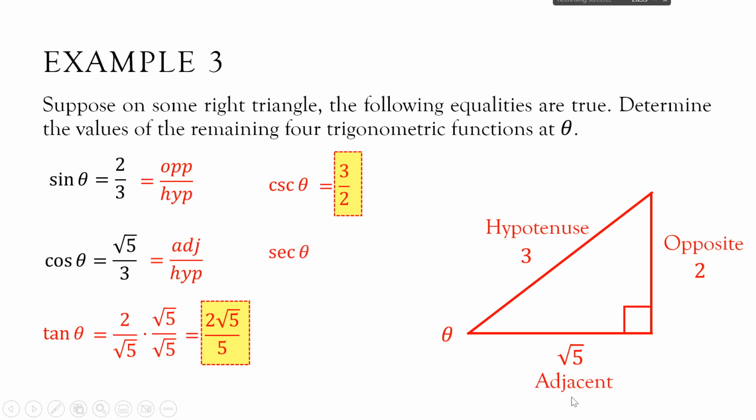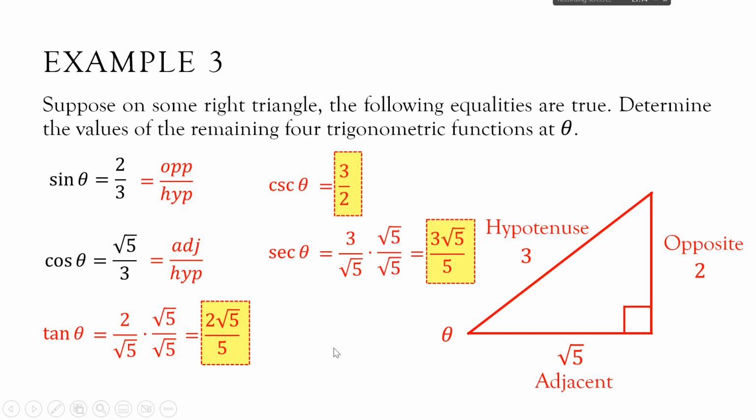Again, we can say secant is hypotenuse over adjacent, 3 over the square root of 5, or the flipped version of cosine. But again, I don't want a square root on the bottom, so I have to rationalize, giving me 3 square roots of 5 over 5.